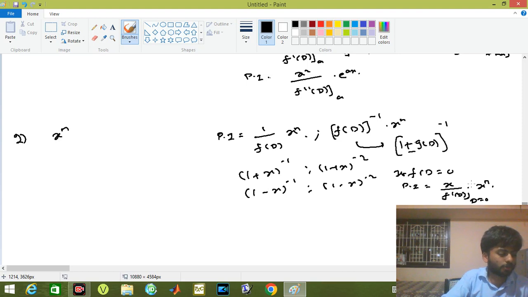You have to be very conscious of that. Whenever the denominator becomes 0, you have to multiply the numerator by x, and differentiate the denominator. Always keep that in mind.